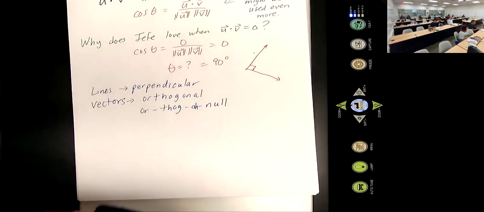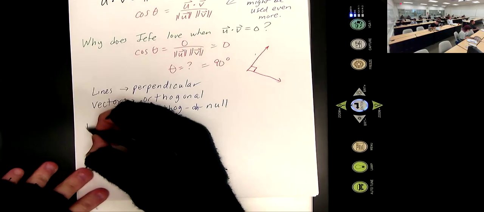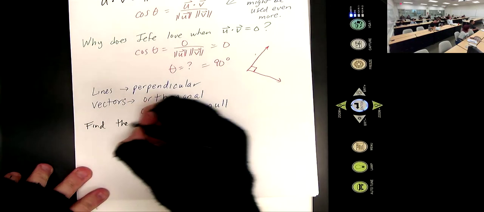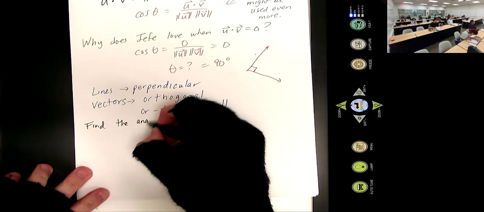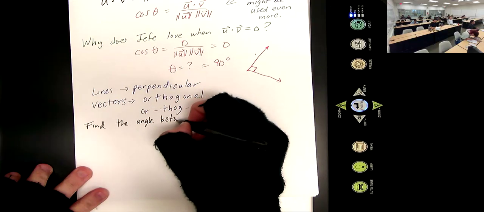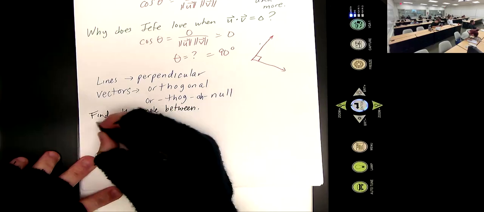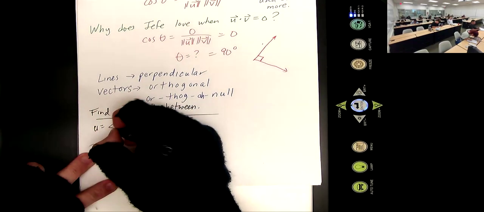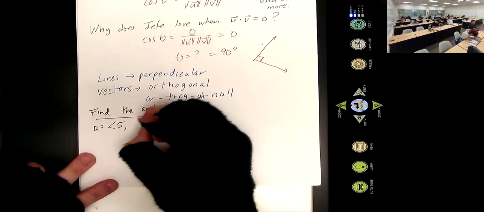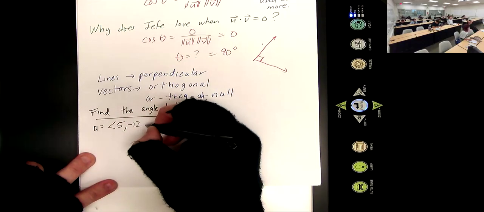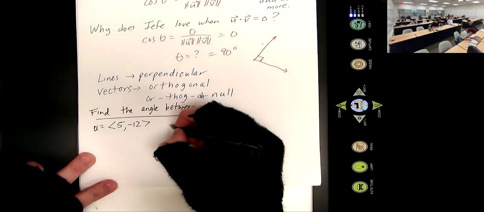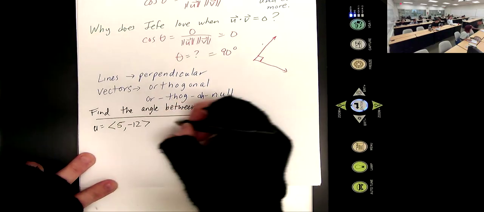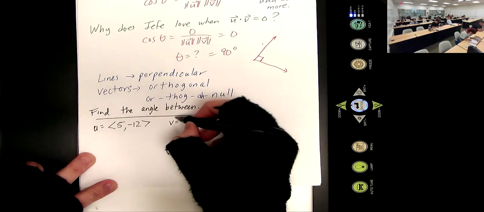Alright. So, a couple more examples. Find the angle between U equals 5, -12 and V equals 4, 3.